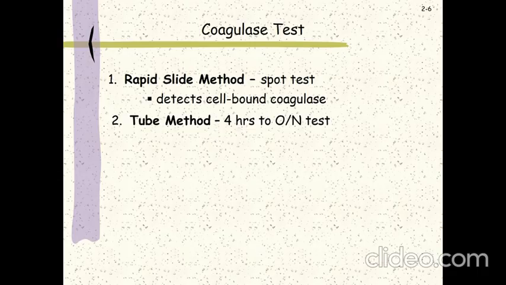And there are these Staphylococcus aureus species that are a little bit slower to react. So it takes them a little bit of time to make and excrete that free extracellular coagulase.